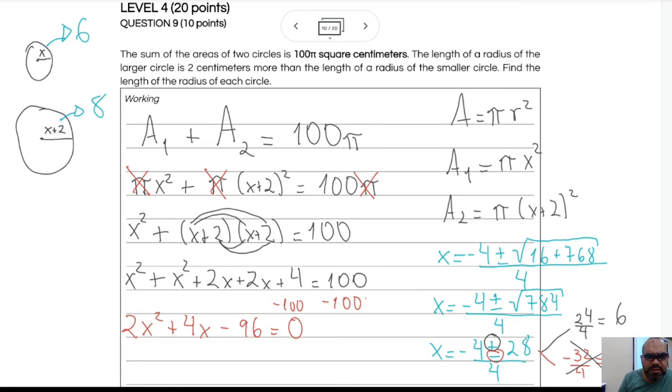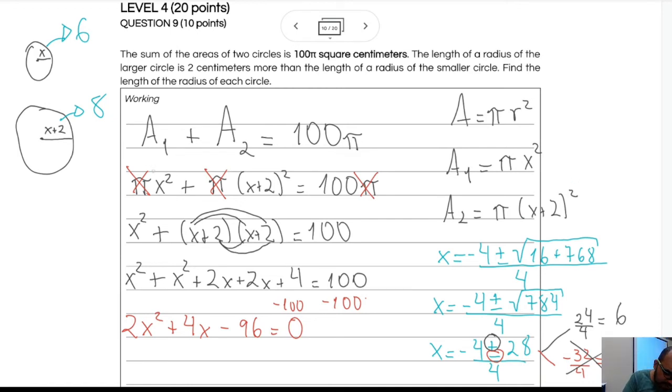Great. Now together, guys, remember the circle area is pi radius squared. Area number 1 is pi x squared. Area number 2 is pi times (x plus 2) squared, because the radius is x plus 2.